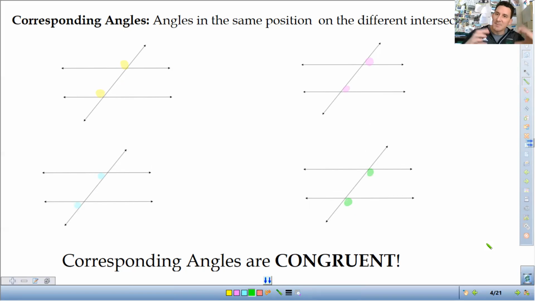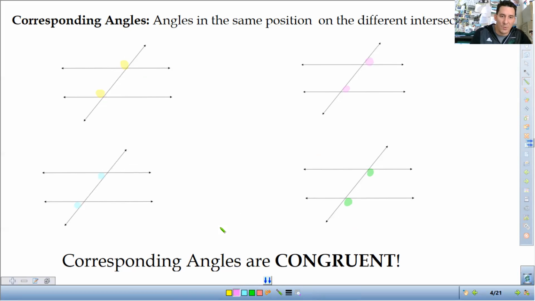So if they're in the same position, you can think of the positions: top left, top right, bottom left, bottom right. If they're in the same position on the two different intersections, we call those corresponding angles, and corresponding angles are congruent. So that means these yellow angles are equal to each other. These pink angles are equal to each other. These blue angles are equal to each other, and these green angles are equal to each other. All right, so the corresponding angles.